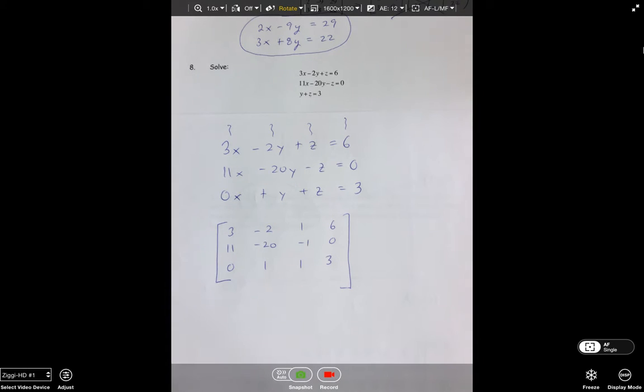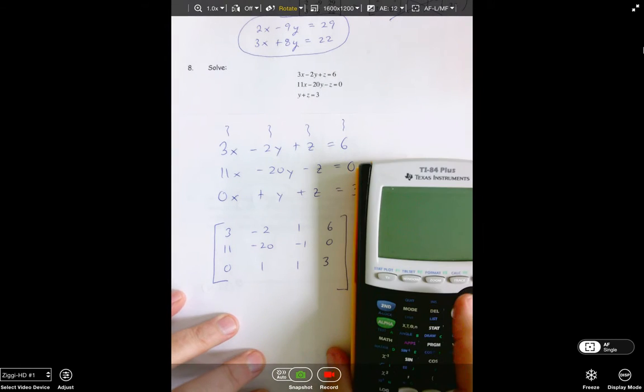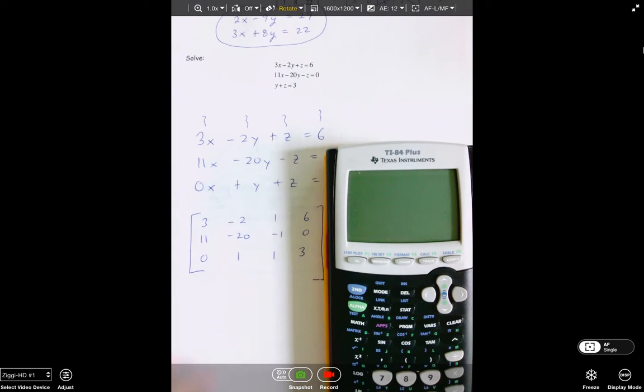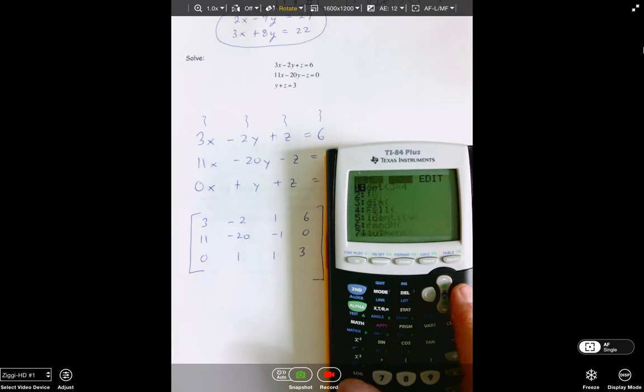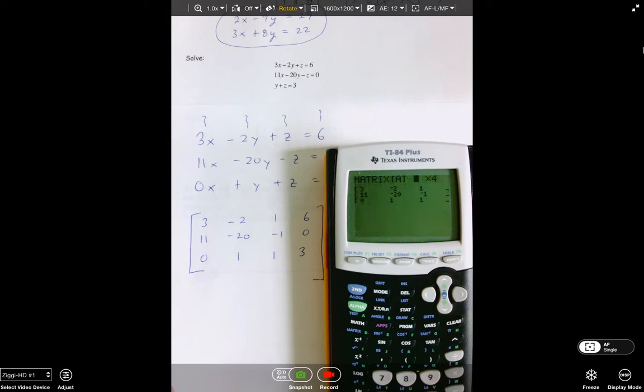All right, I'm going to run through quickly how to do that again on your calculator, but you guys should be some major pros by now. But just in case, don't want to take anything for granted, don't want to leave anyone out. So I got a 3 by 4 here. So 3, minus 2, 1, 6, and 11, minus 20, minus 1, 0, and 0, 1, 1, 3.